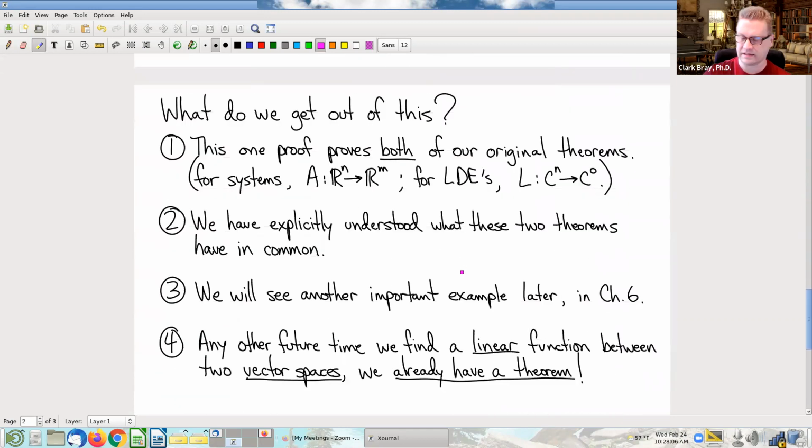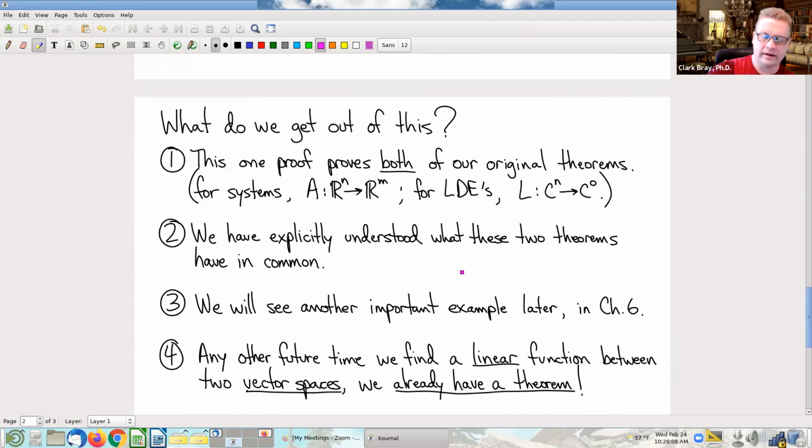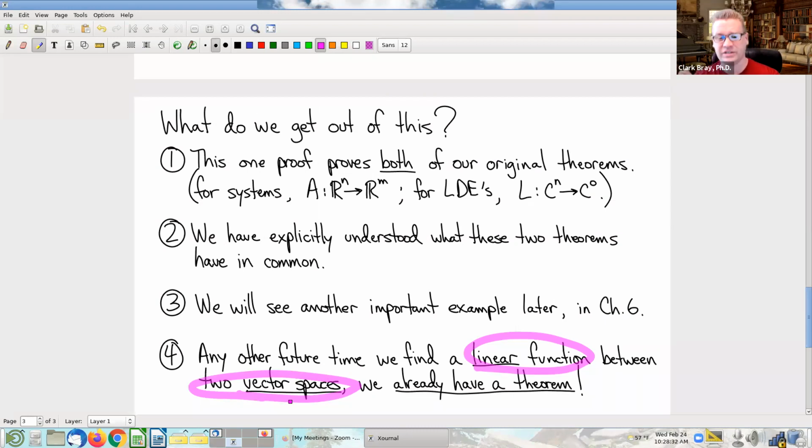Okay. Lastly, any other time in the future, maybe in this course, maybe not, but in your futures, outside of a linear algebra course, anytime you find yourself looking at a linear function, and the world's full of them, right? Any linear function between any two vector spaces, you've already got a theorem there too, right? So this is consistent with our theme of generalization and abstraction that we talked about.